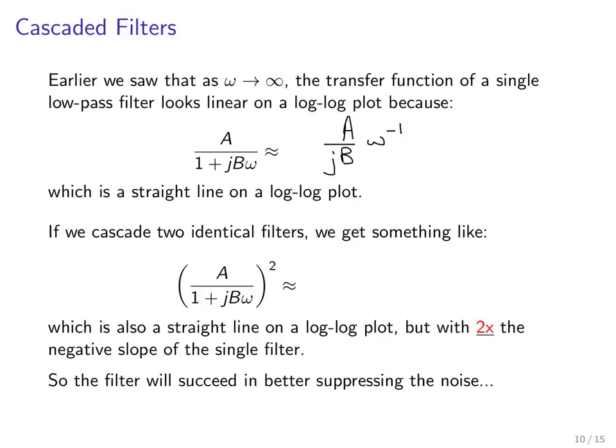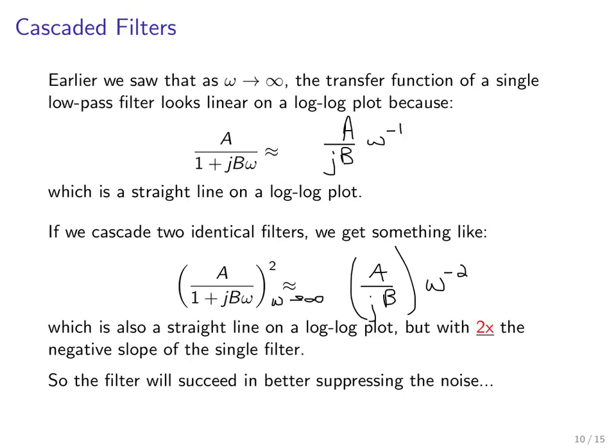Now, if we cascade two identical filters, we're going to get that as omega goes to infinity, the transfer function is something like A over jB, all times omega to the minus 2.